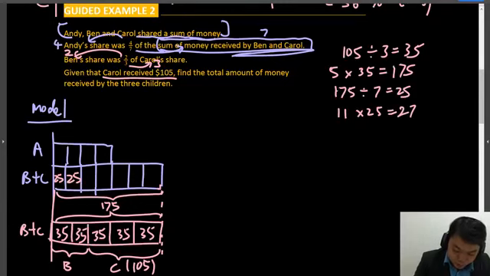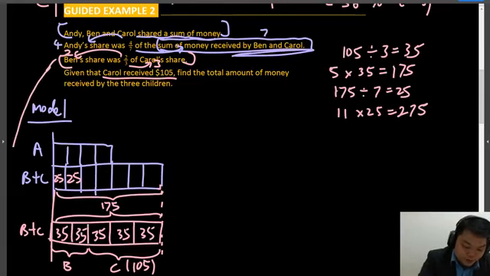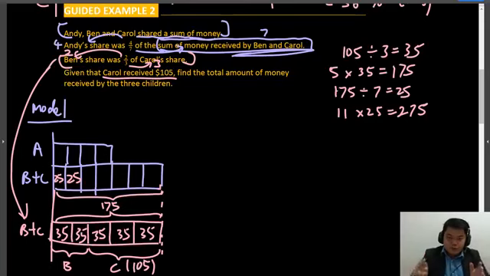And this would give me 275. So the hard part about this question is to recognize that you have to combine this up as the total and compare it with this B and C over here. This is something that's still doable for P4s, albeit a bit difficult.